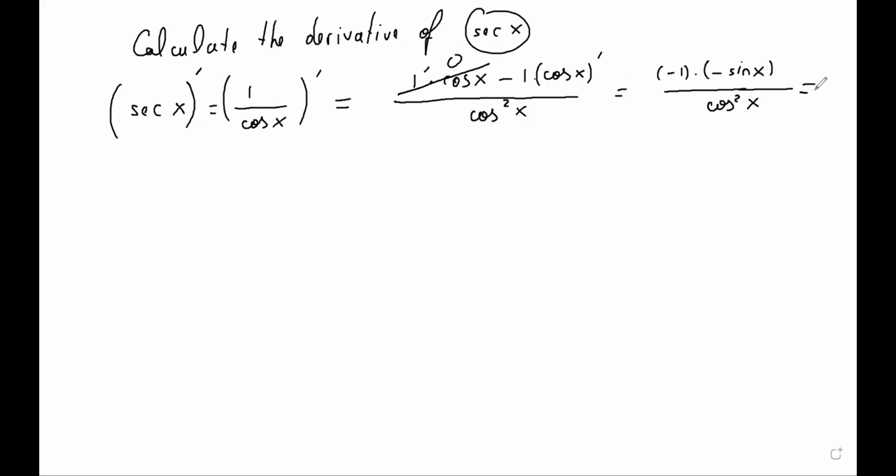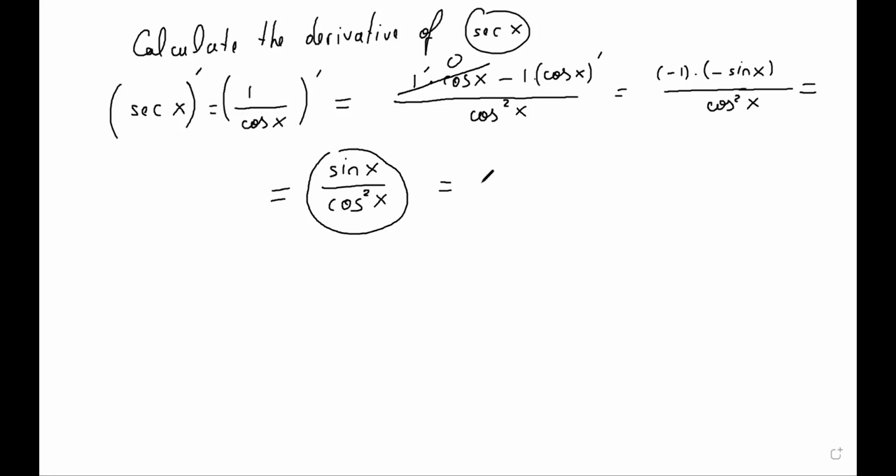All right, and this is going to be equal to the following thing, folks. Negative times negative is positive. So really the answer is sine x divided by cosine squared x. But that's not the form that most people would use. So what most people would use is something slightly different.